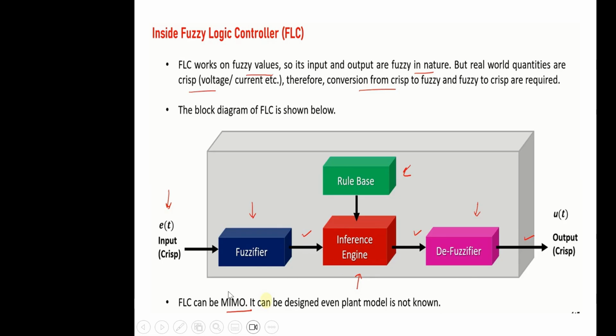We can have multiple input here, and we can have multiple output here. We may have a single input here and a single output here, and that is SISO. And we may have a single input here and multiple output here, and that is what we call SIMO, and vice versa.